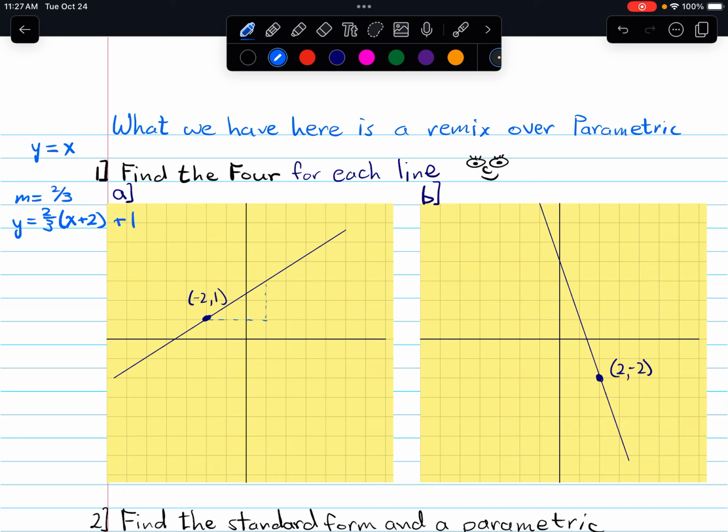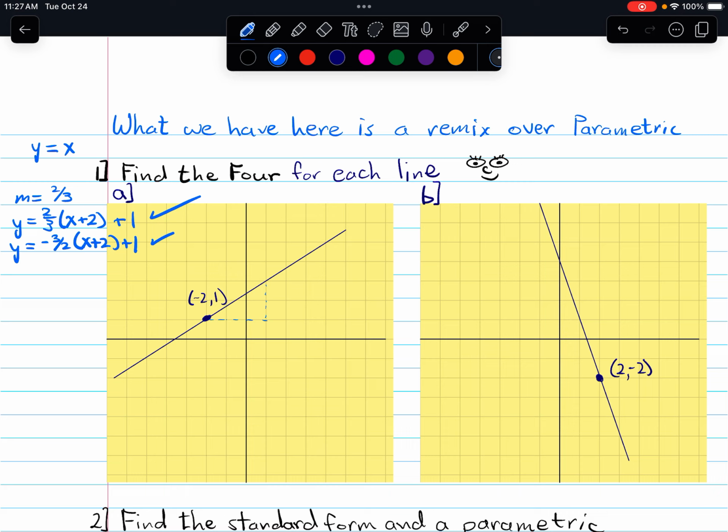Now, I also want an equation for the line that's perpendicular to this one. Well, all we have to do is take the slope, reciprocate it, and change the sign. Everything else is the same. So here's an equation for the line.